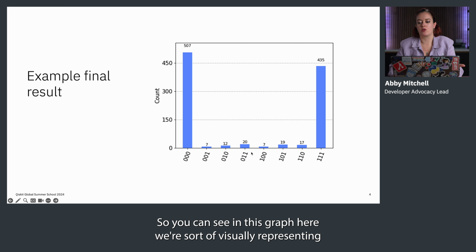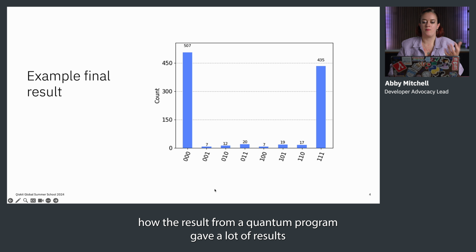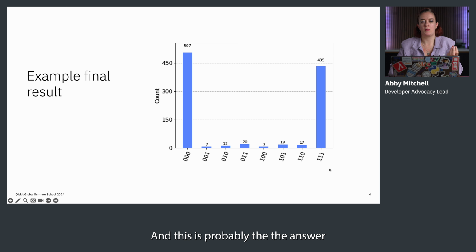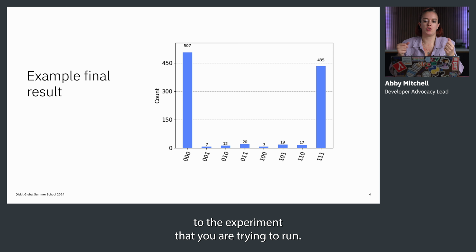You can see in this graph here, we're visually representing how the result from a quantum program gave a lot of results that were 0, 0, 0, and a lot of results that were 1, 1, 1. And this is probably the answer to the experiment that you are trying to run.